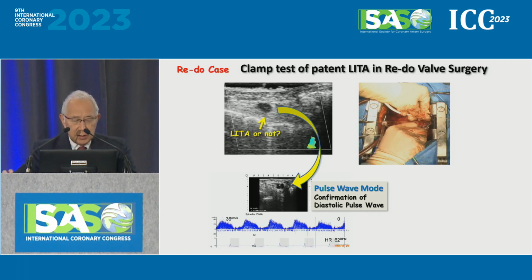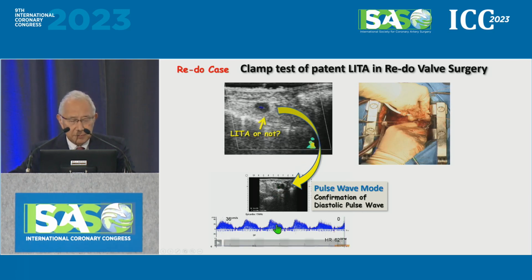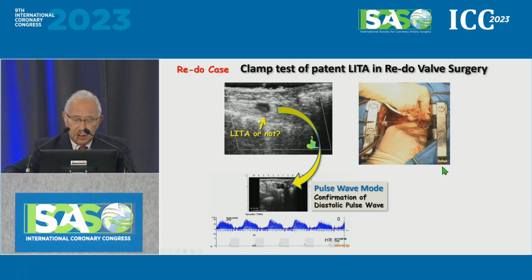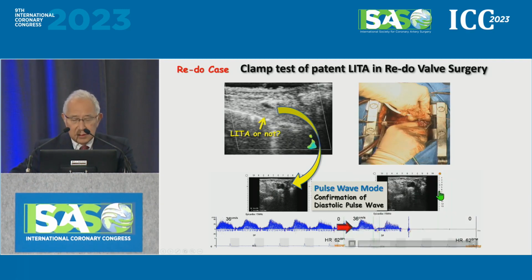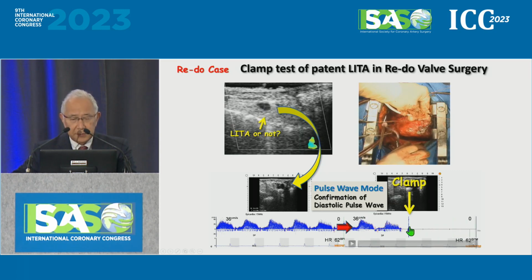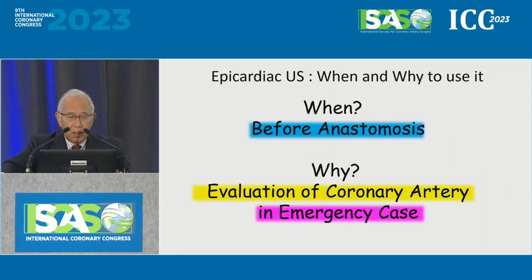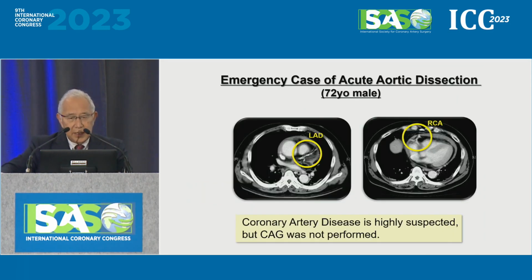You put some kind of point over there, and then you can confirm the diastolic flow pulse wave pattern. If you clamp it, suddenly this diastolic flow pattern disappears. So definitely this is the LIMA. This is very useful.